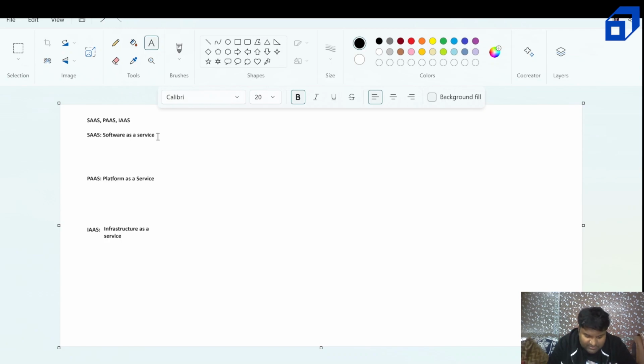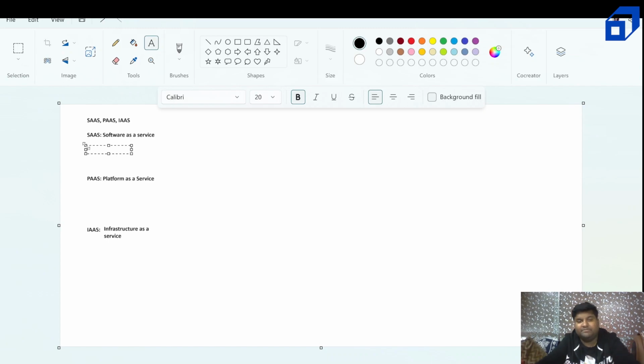Any company which is offering software or application as a service, for which you need to pay on a yearly basis. Those tools or technologies or applications that you use are called softwares, and they are given as a service by these companies, right? So I hope you have understood it.